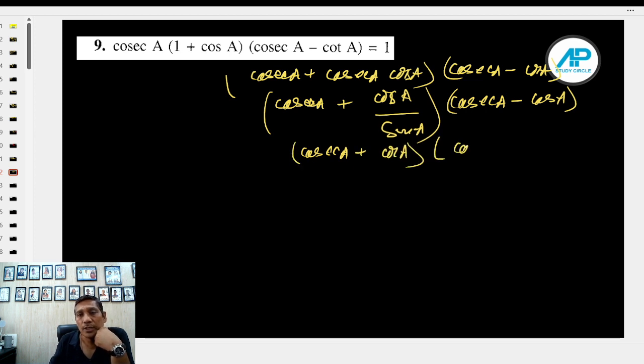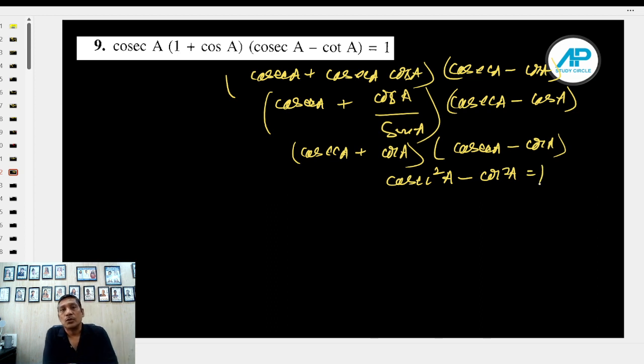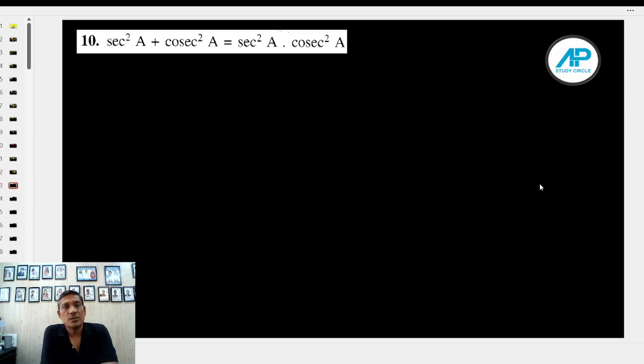Cosec a into cot a equals to 1. That would give you the value as 1 for this question. The same 8th question and 9th question, they both are same kind of questions. Please keep remember this in your mind, how to use the INTs in this question.